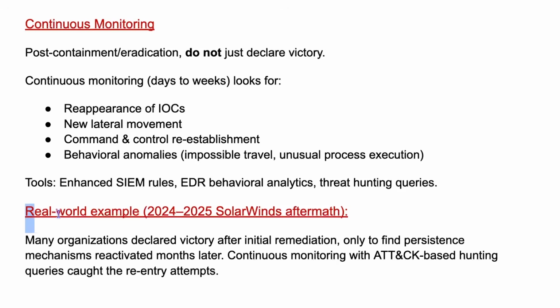So the real world example for continuous monitoring, and basically everything else, honestly, SolarWinds is another one of those really big names. It was a supply chain attack that took place. They had thousands of clients that were using the SolarWinds suite of software. And in those clients were Fortune 500 companies as well as government institutions.